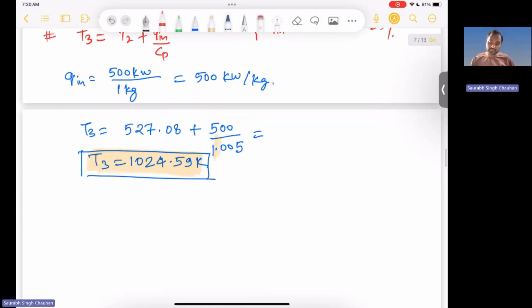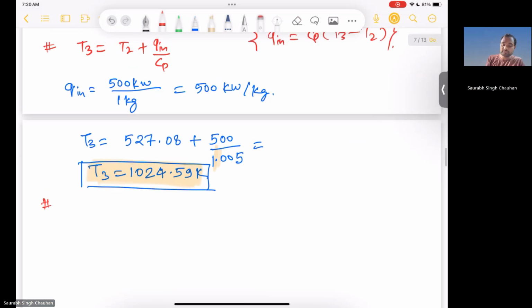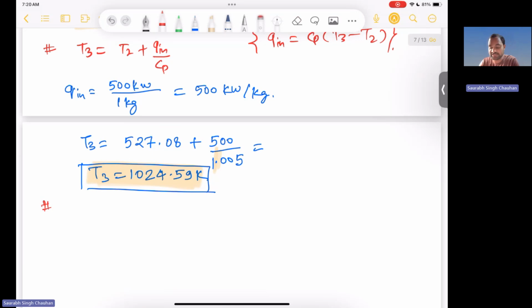Now coming to point 4. So 3 to 4 is again an isentropic process, so you can use the adiabatic relation. Again you can write T4 is equal to T3 into 1 by Rp to the power (k minus 1) by k.